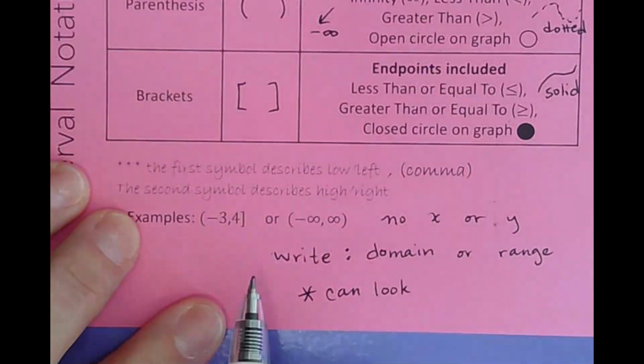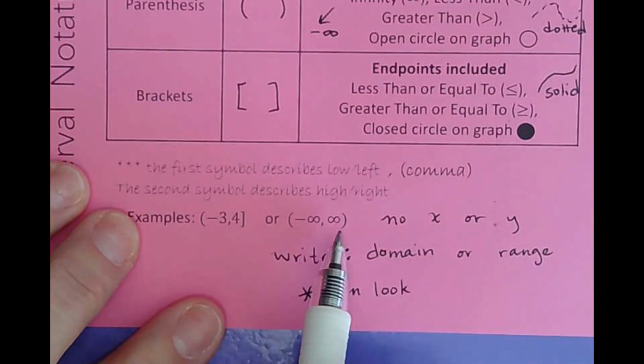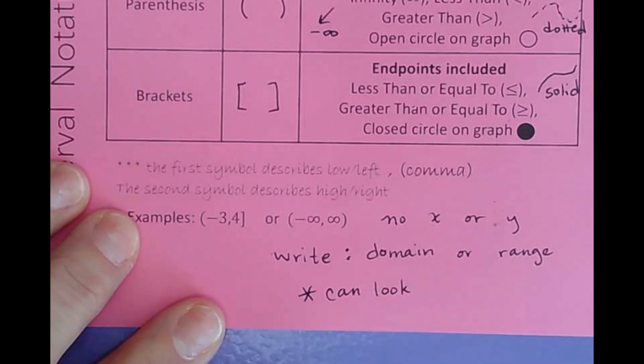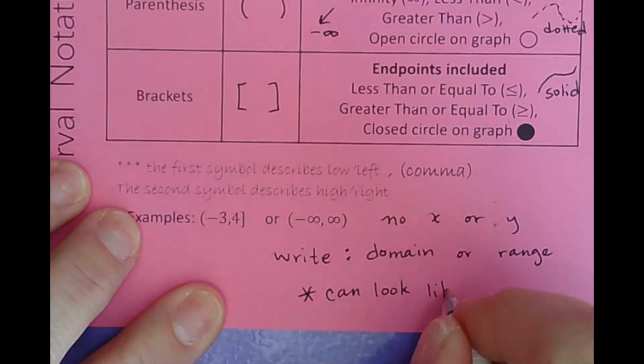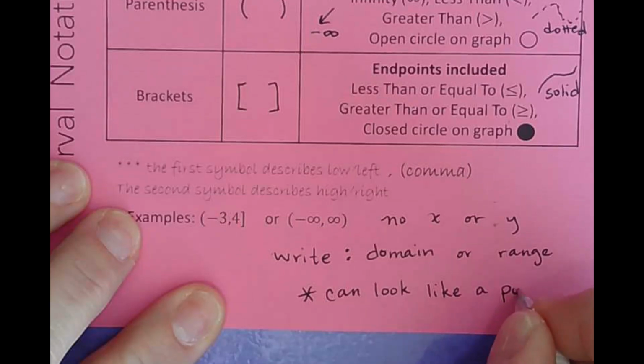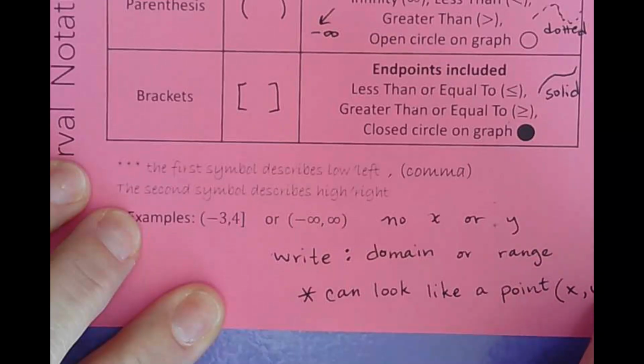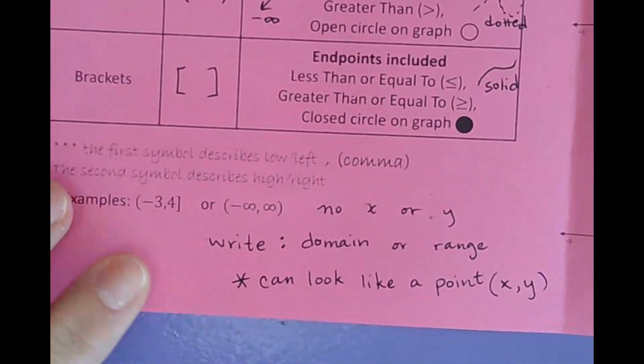If the symbols for the left and also for the right are parentheses, then you might mistake your interval notation for a point.